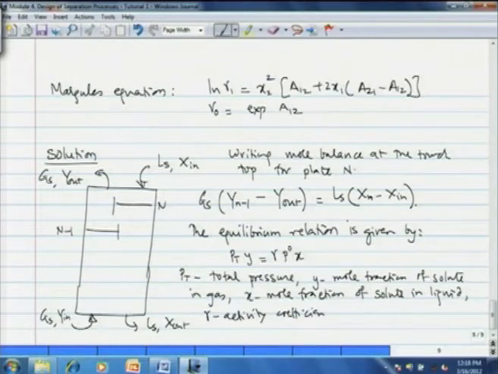We are not taking into account the fugacity coefficient here because the pressure is relatively small. So, you can take phi, the fugacity coefficient, as 1, okay, and P naught is the vapor pressure of solute.